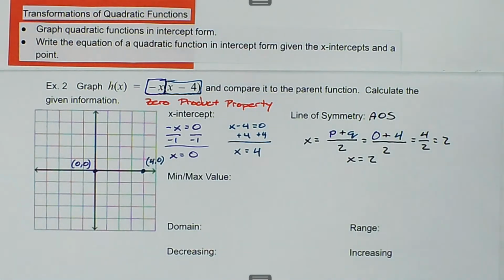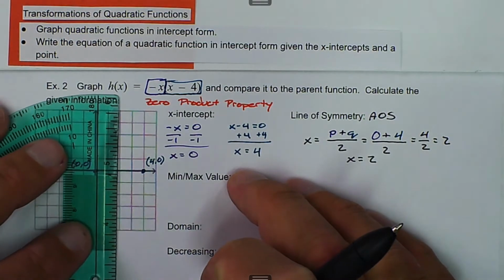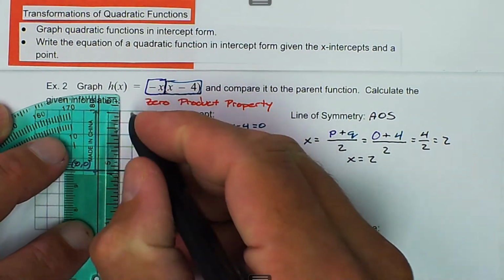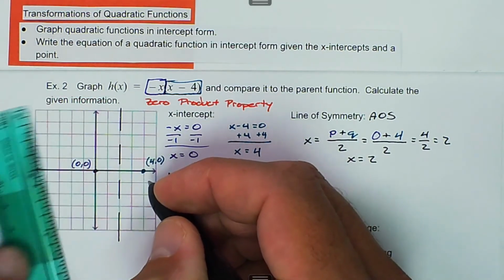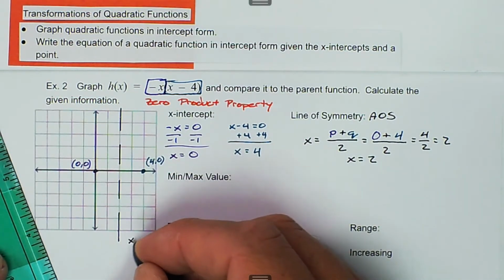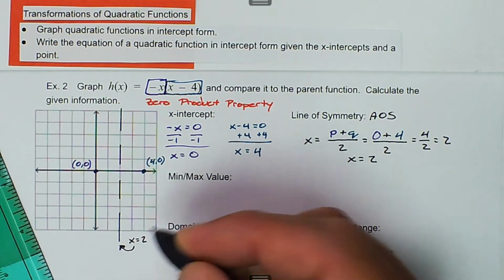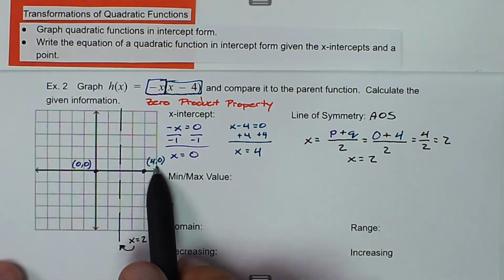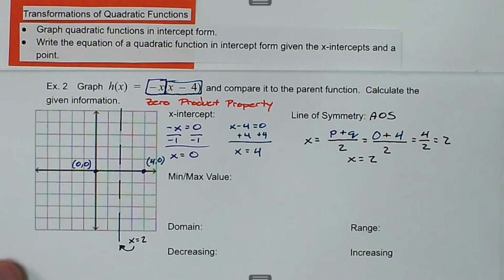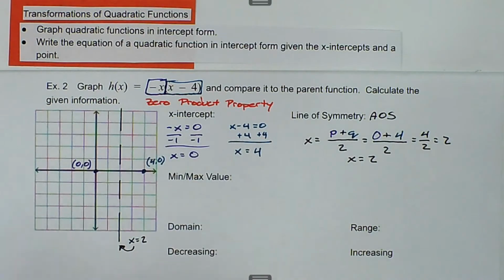And then we can graph that on our grid. So we got x equals 2. Now we have our two intercepts and our axis of symmetry. Next, we want to think, is it a minimum or maximum value?